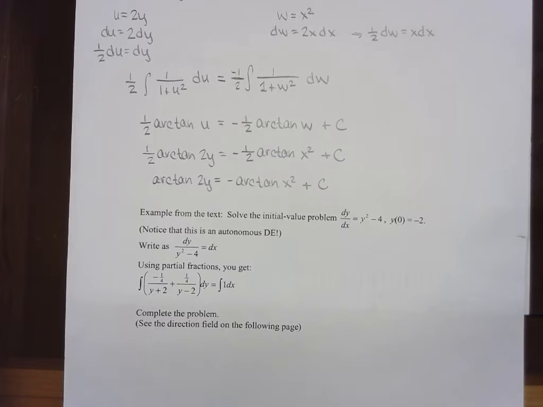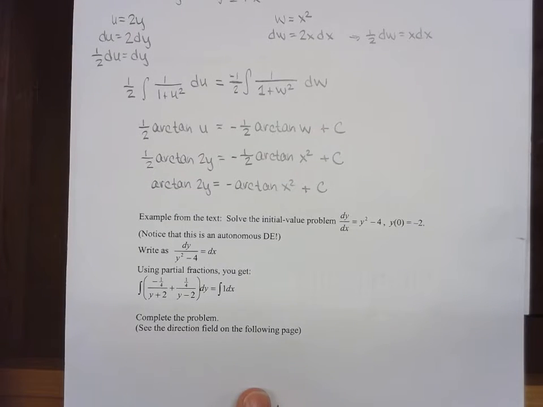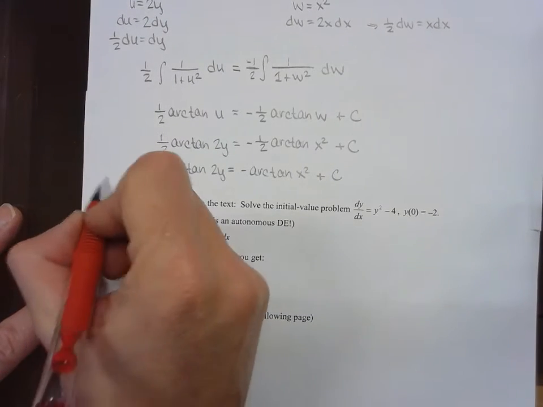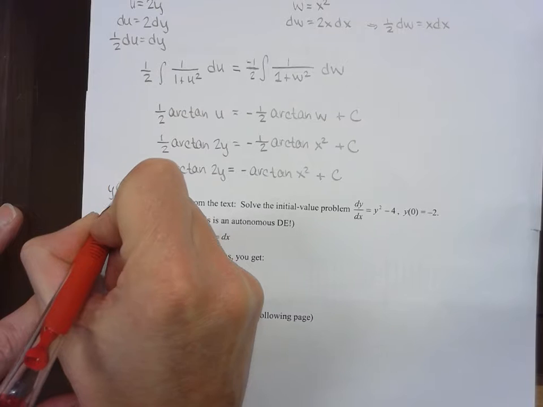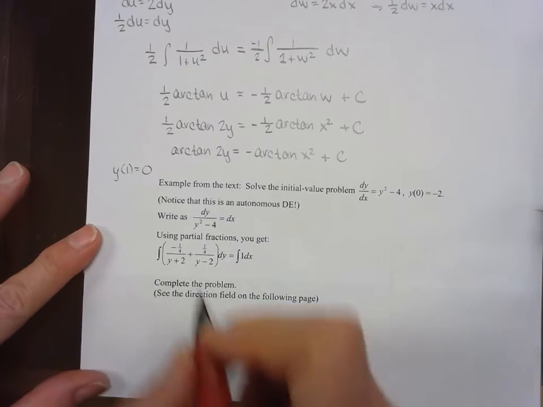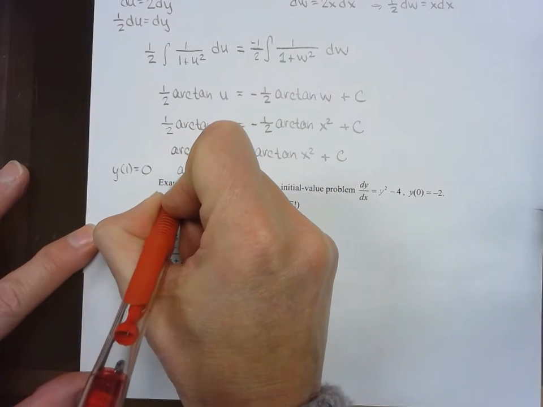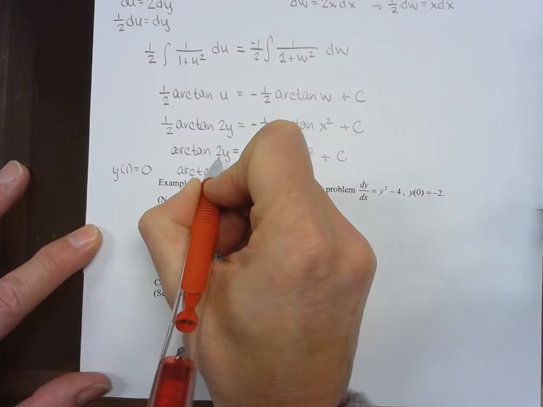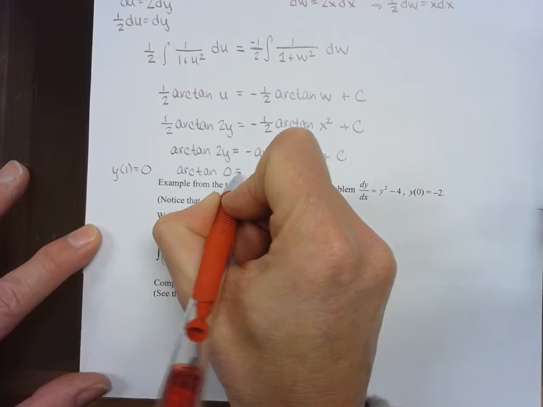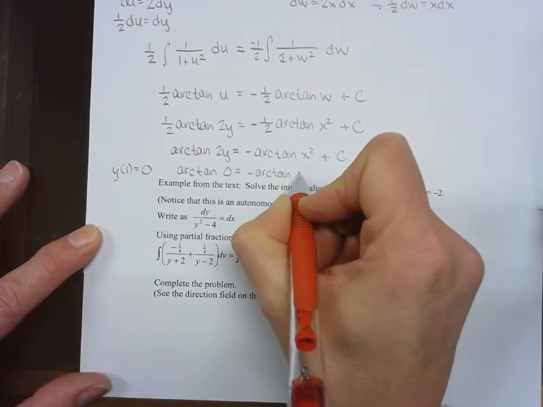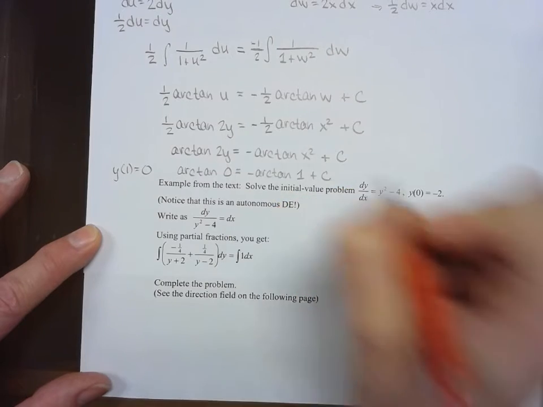But now we are given an initial condition, y of 1 equals 0. That's going to help us solve for c. So if we have y of 1 equals 0, then 1 is going in for x and 0 is going in for y. So we'd have arctan 2 times 0 equals negative arctan 1 plus c.